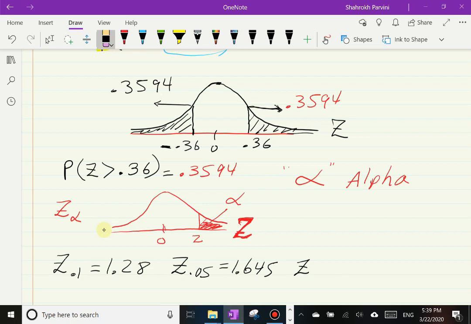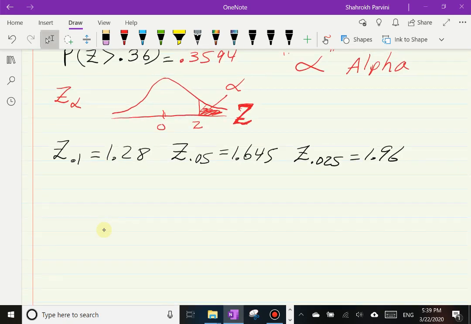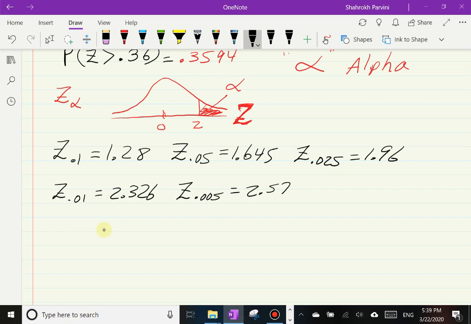Let me correct that. z of 0.025, that's going to be 1.96. And a z of 0.01, that's going to be 2.326. And a z of 0.005, that's going to be 2.576.